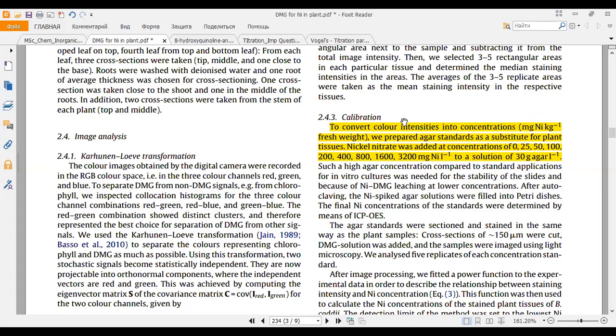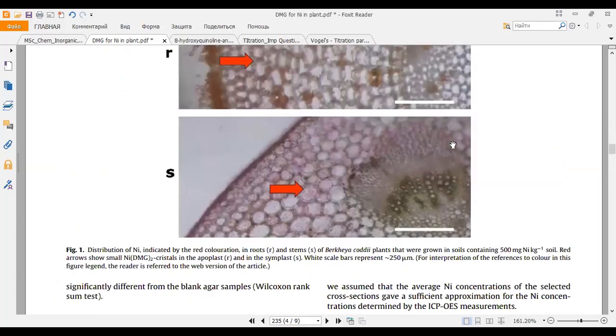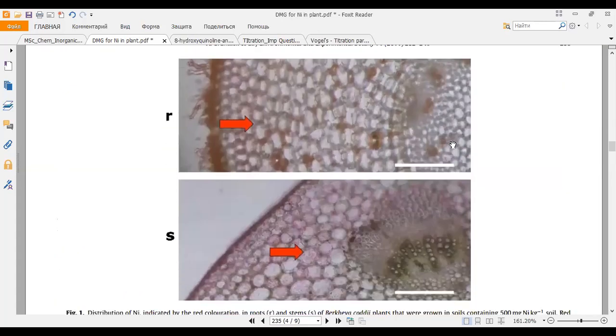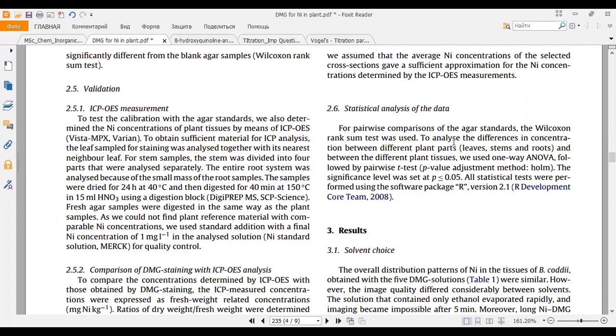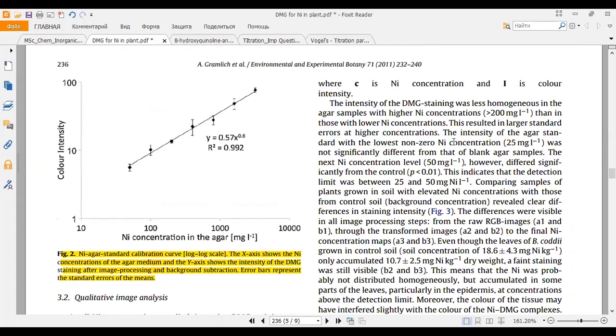Calibrate it means what types of color, what intensity of the color, will this concentration of nickel ion give you. Then you form the, so this is showing you how the colors are seen. So this is how you do.